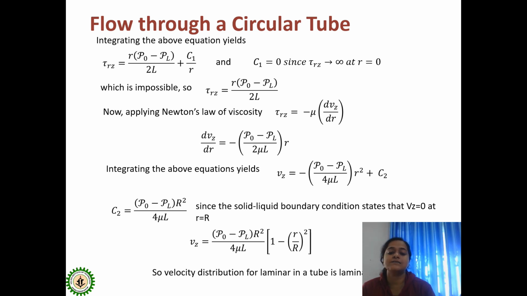So the velocity distribution for laminar flow in the tube is parabolic.